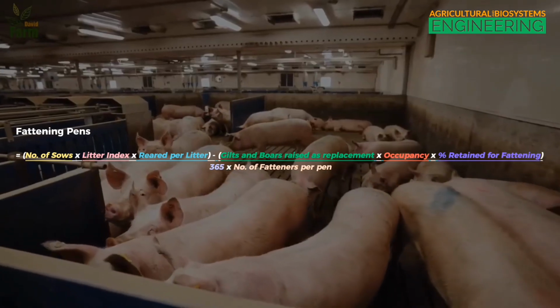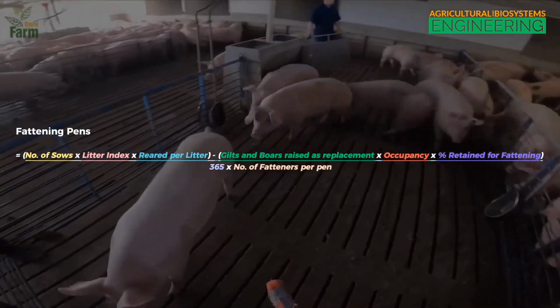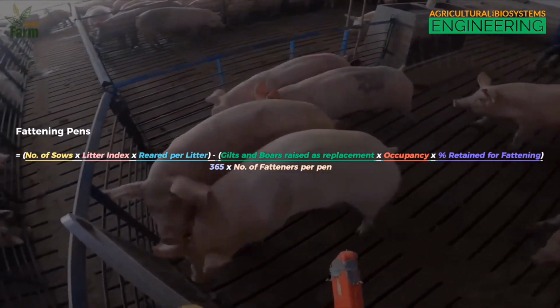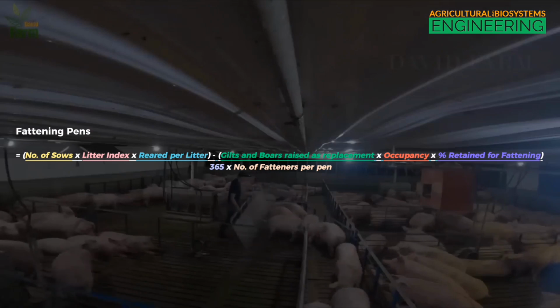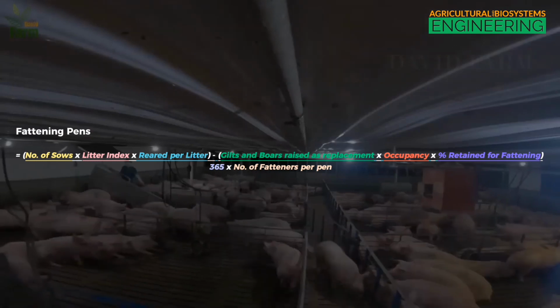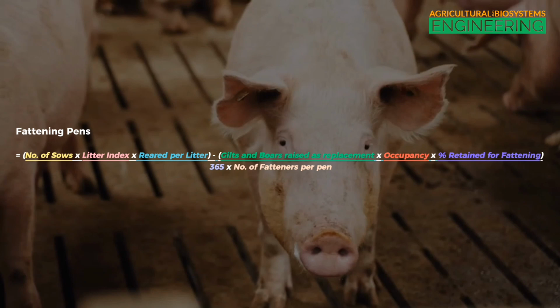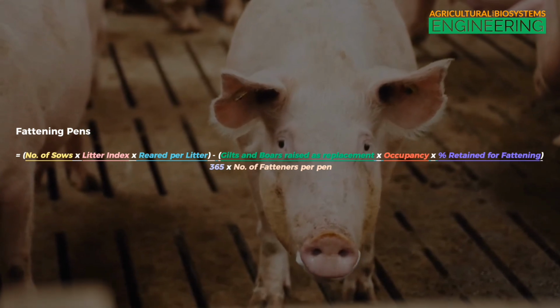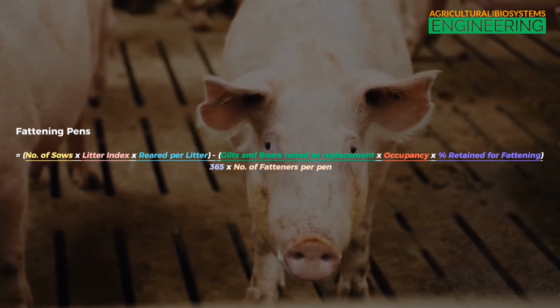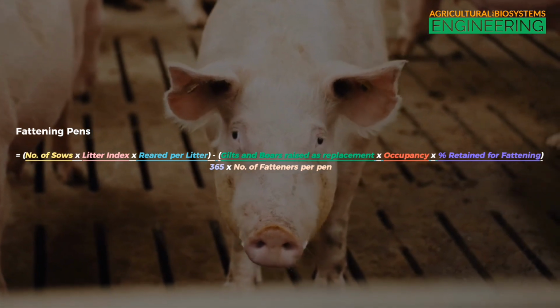Fattening pens equals the number of sows multiplied by litter index, multiplied by reared per litter, minus gilts and boar raised as replacement, multiplied by occupancy, multiplied by percent retained for fattening, all divided by the product of 365 and number of fatteners per pen.